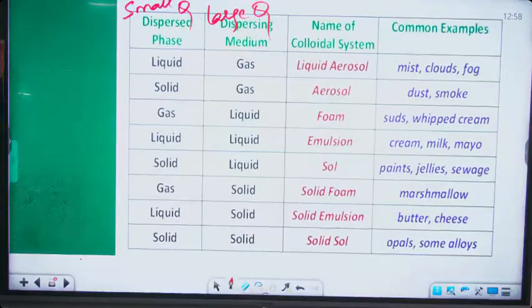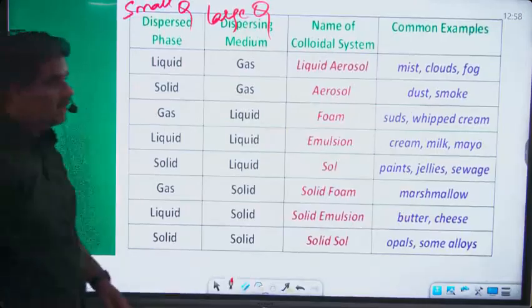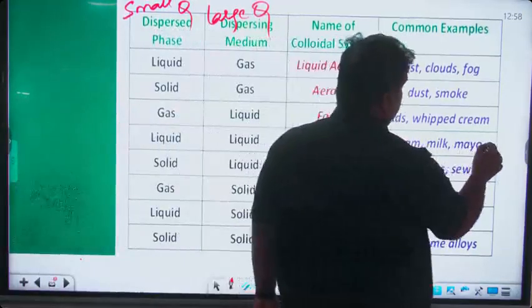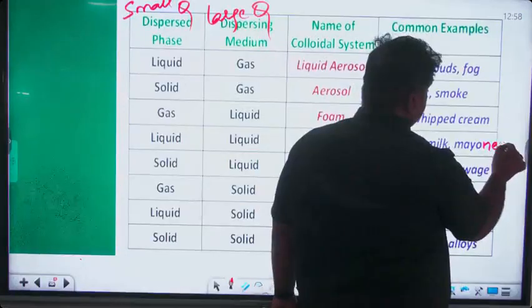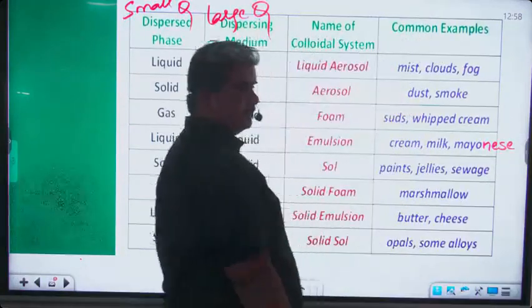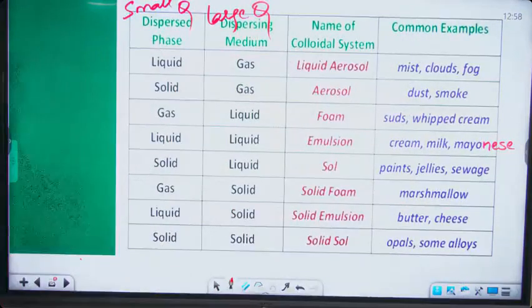Then liquid is present in liquid, known as emulsion. Cream, milk, as well as mayonnaise. Nowadays it is used very much, in place of jam. Those who have stopped jam use mayonnaise more.